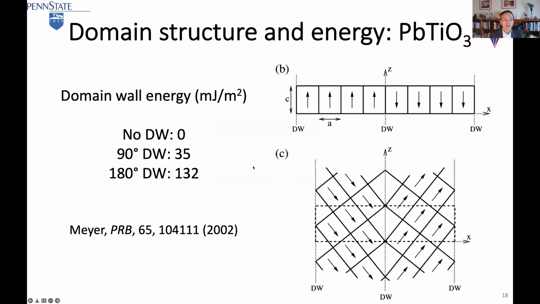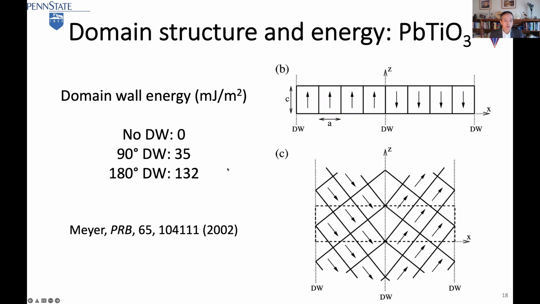Okay, so in the literature, the domain structures and energies have been studied and published many times. For lead titanate, we found a very comprehensive study from about 20 years ago. They calculated domain walls, this is 180-degree, this is 90-degree. And now you see, of course, without a domain wall we take that as the reference state, zero energy.